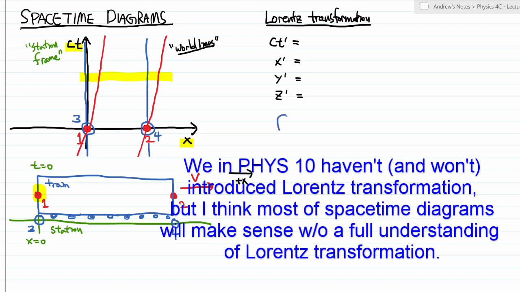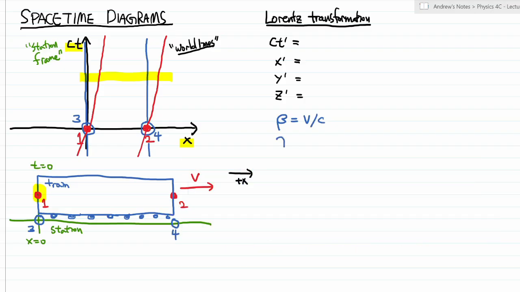One is speed as a unit of speed of light. So whenever I write down beta, it means v over c. So I'm writing down speed as a fraction of speed of light. And the other is the Lorentz factor, gamma, which I will write in terms of beta. So it's 1 over square root of 1 minus beta squared.